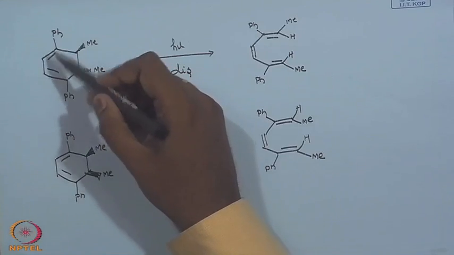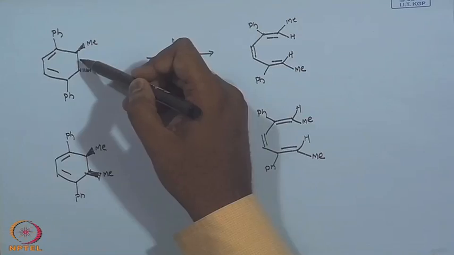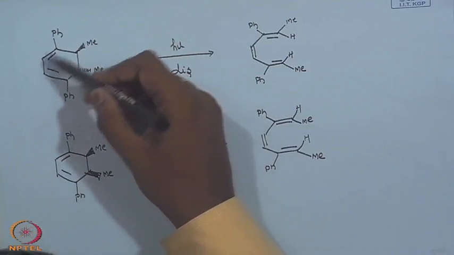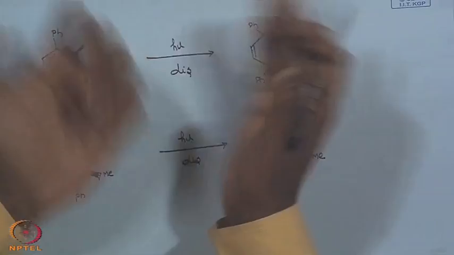And then we went for the ring opening system, and we said that the Woodward Hoffmann rule will be just opposite to the ring closure, but I have to consider only this electron system, that is your pi electron. I should not consider this one. So now this is your 4n system, then it should be just the reverse case. Clear? Any doubt? Because based on this only we are going to do some examples.